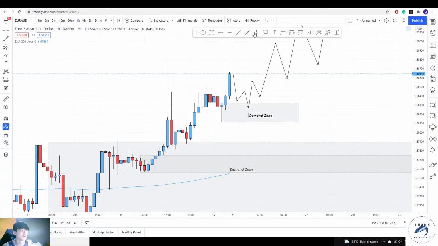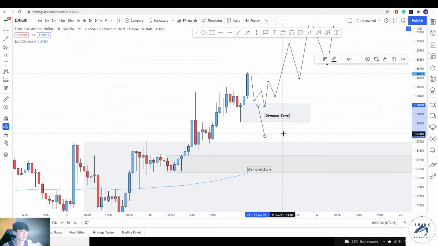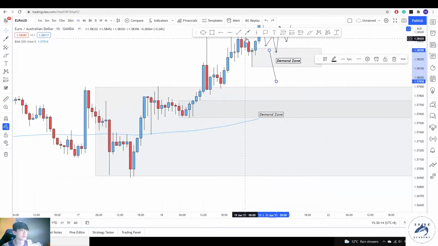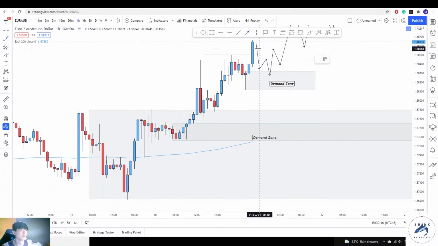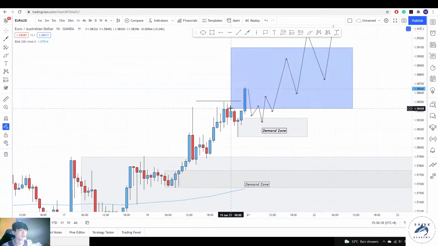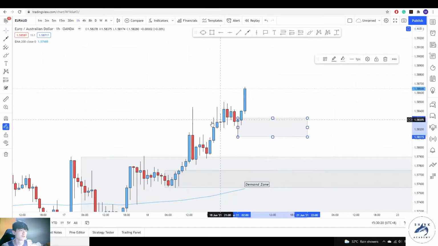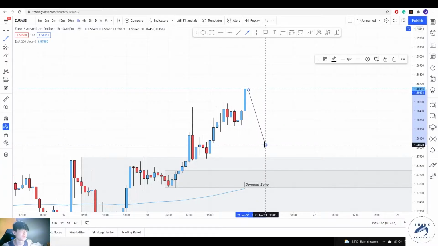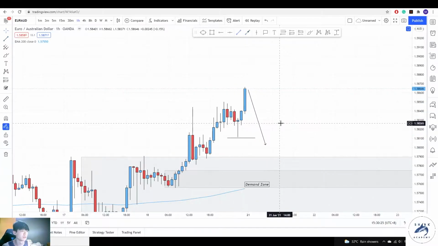However, if prices fail to hold over here, and if it breaks down, then we are expecting prices to go lower, right? Because if prices breaks this level, okay, let me remove these drawings, right? So if prices breaks this level, we have a break of structure over here, right? And we are likely to see a move towards this level over here inside, right?